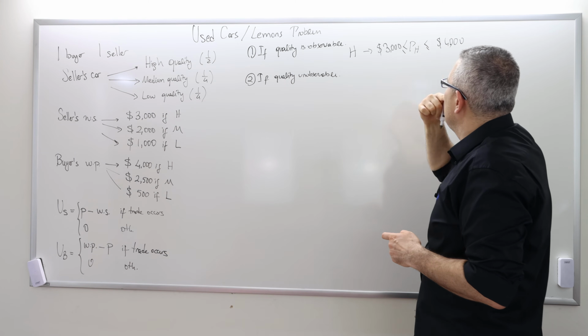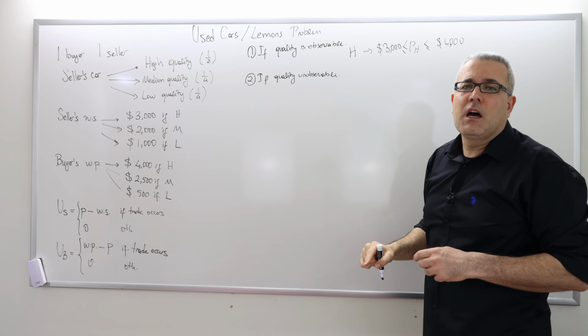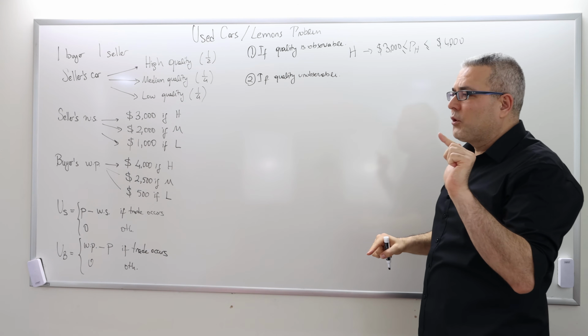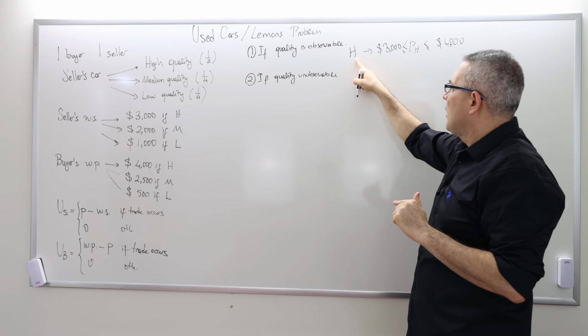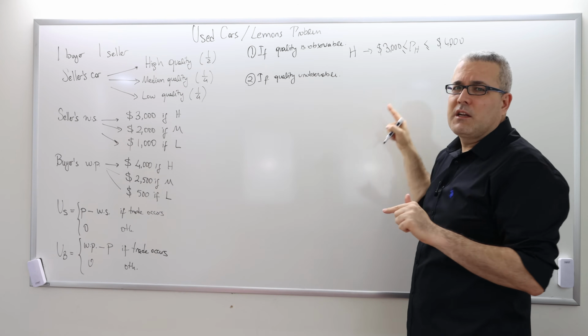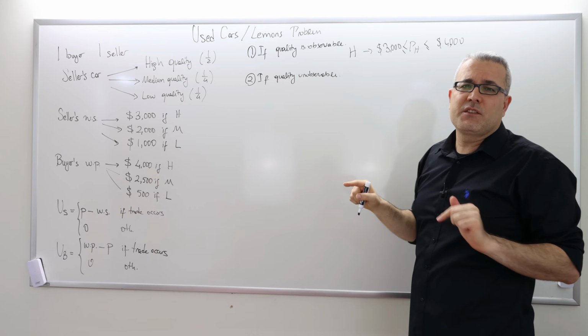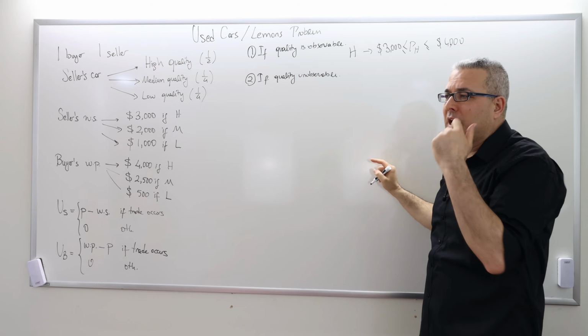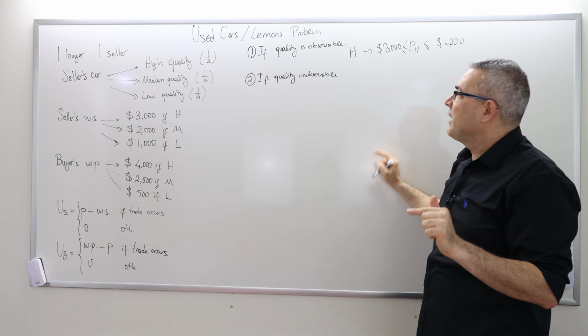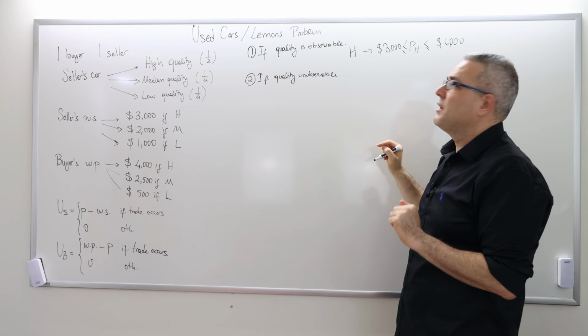So if the car is high quality, the buyer and the seller will accept any price in this range. So the car will be traded at some price in this range.